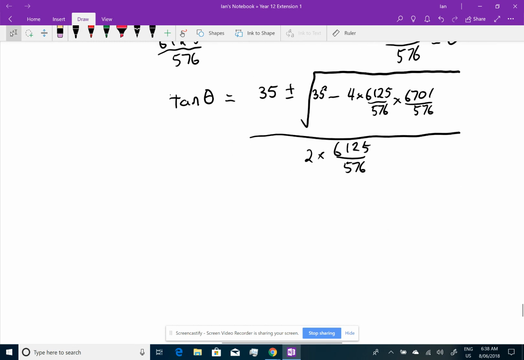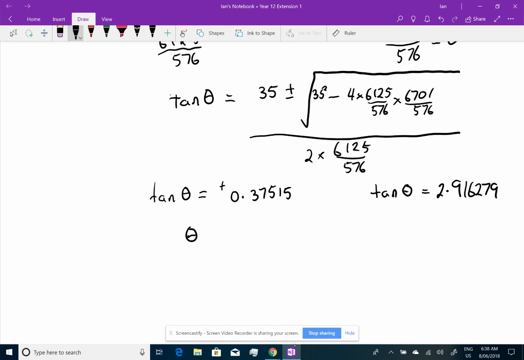Now when you do that, you'll get tan theta equals positive 0.37515, and you'll get tan theta equals 2.916279. You inverse tan them and you get theta equals 20 degrees and 34 minutes.